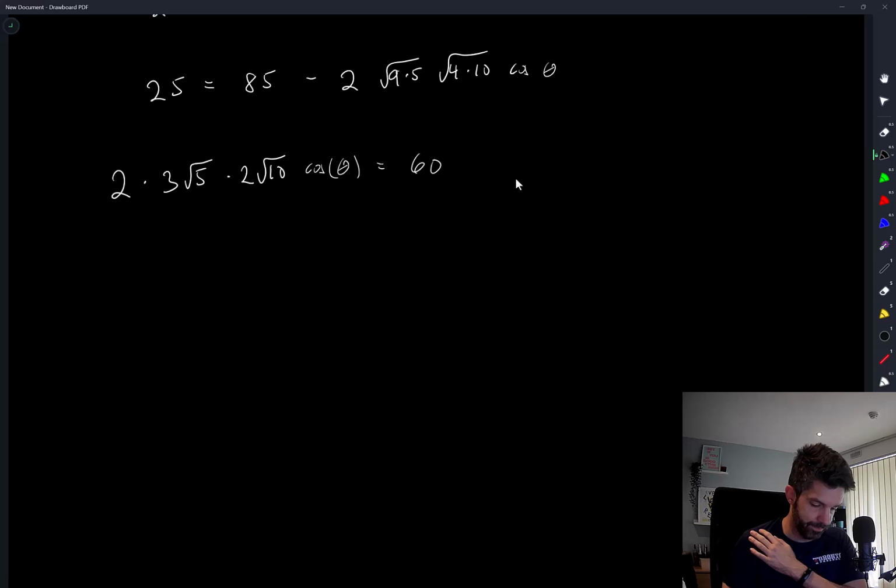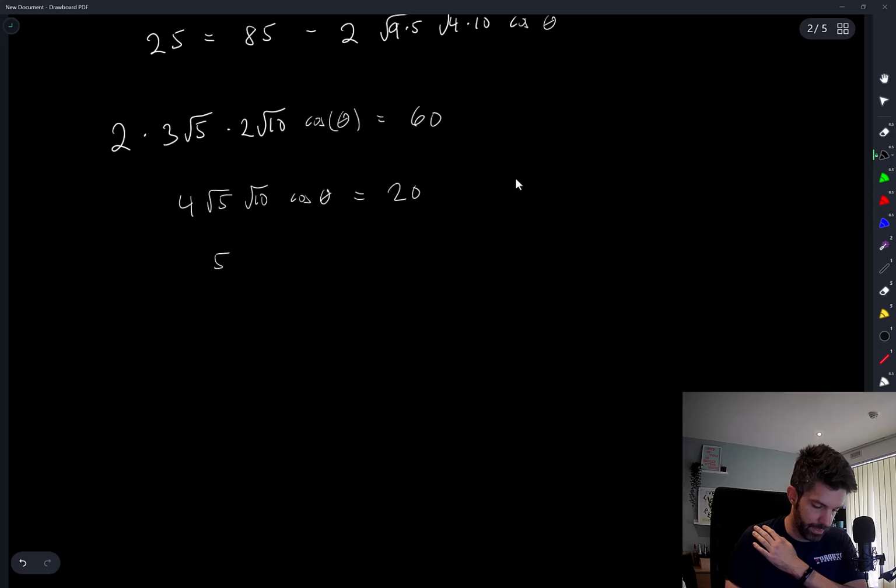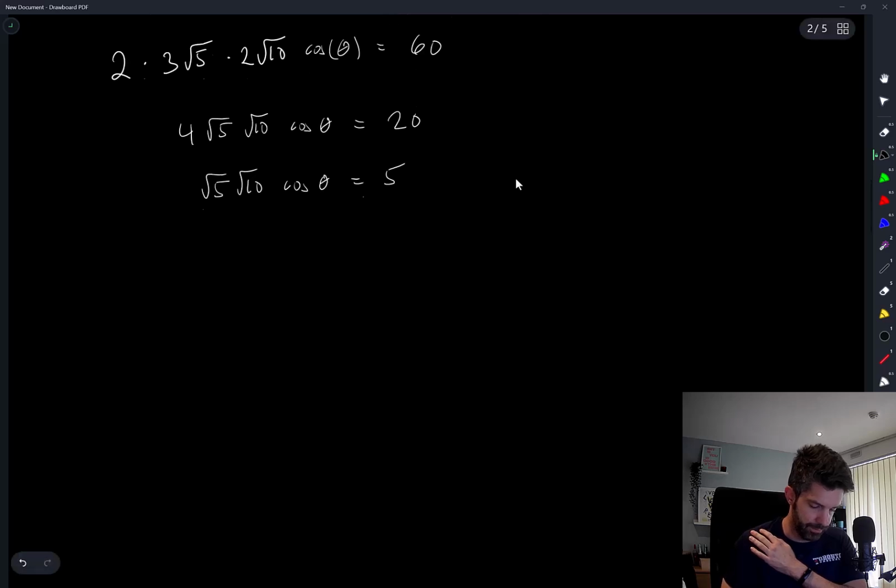Okay. Let's divide both sides by 3. So I have 4 root 5 root 10 cosine theta is equal to 20. So I now have 5 root 5 times root 10 cosine theta is equal to 5.